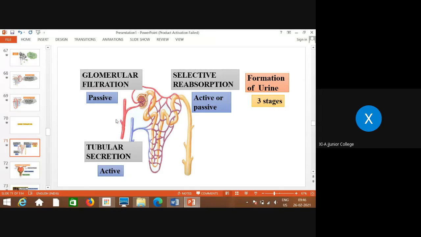So accordingly, glomerular filtration is considered to be a passive type of process. You know the meaning of filtration, where something is getting filtered, right? So what is the word glomerular? Where is the glomerulus present? It is present in the Bowman's capsule in this region, isn't it?